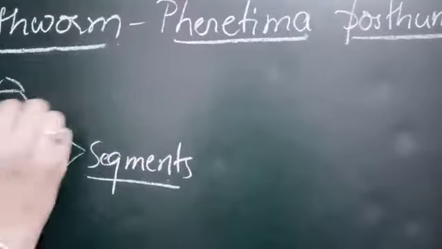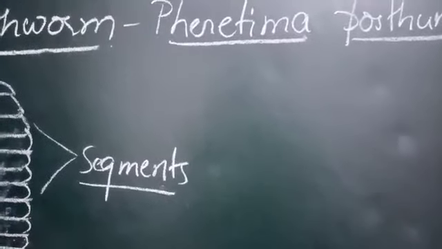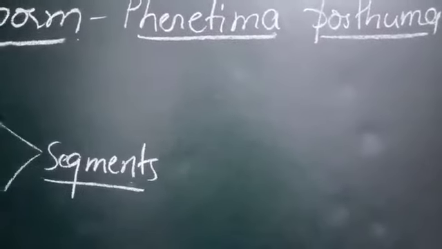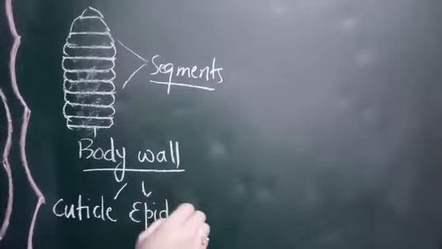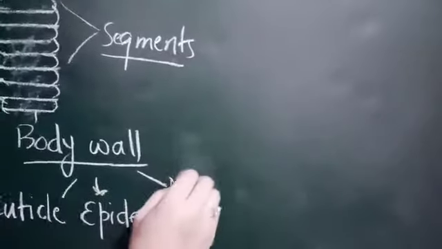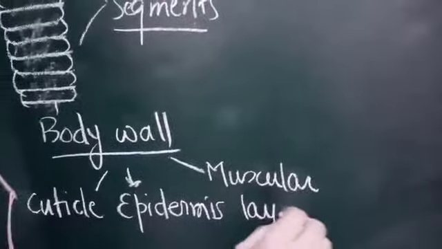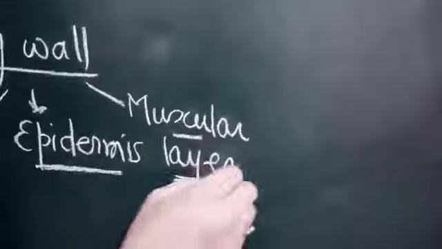The body is covered by a body wall, and that body wall has 3 distinct layers. The outer one is called the cuticle, the middle one is the epidermis, and the inner one is the muscular layer.